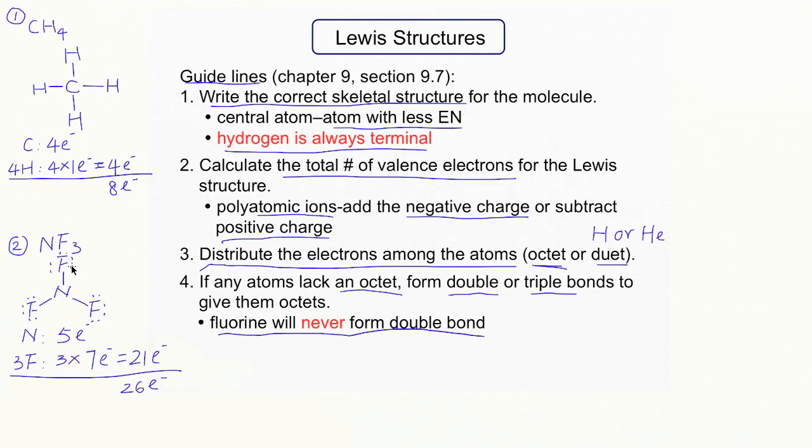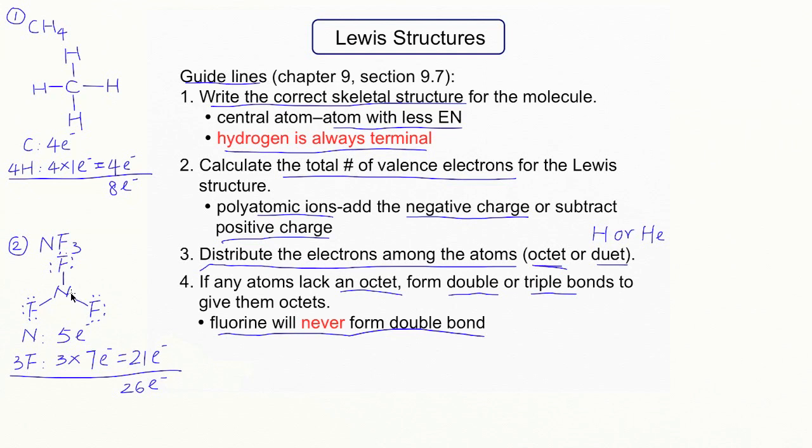Now, if you count the total number of electrons we've already used, you have 8 here, 8 here, 8 here, and 8 here, so in total we used 24. We still have 2 electrons left. Looking at this structure, the fluorines are happy because each has 8 electrons. But nitrogen is not happy at all because 3 single bonds give it only 6 electrons.